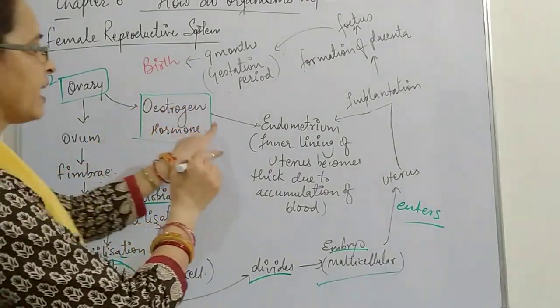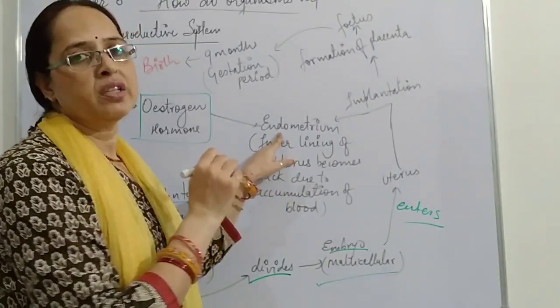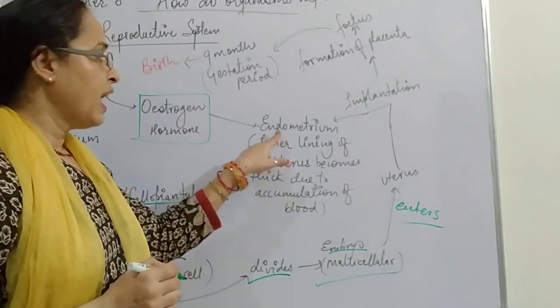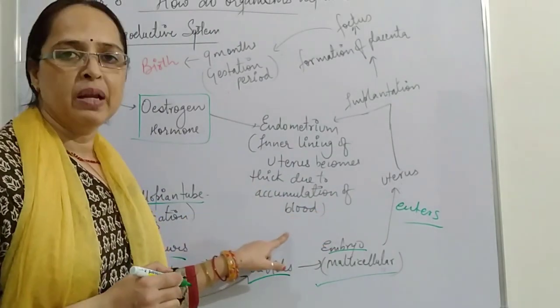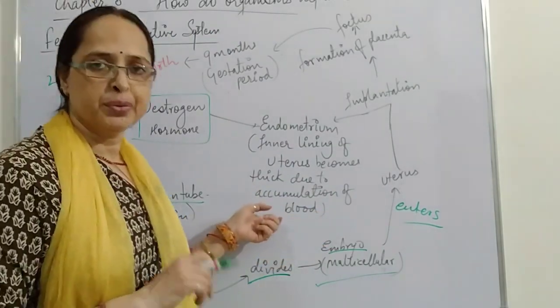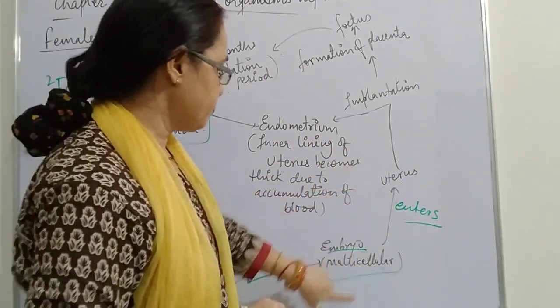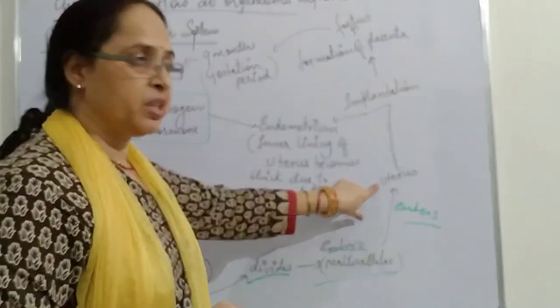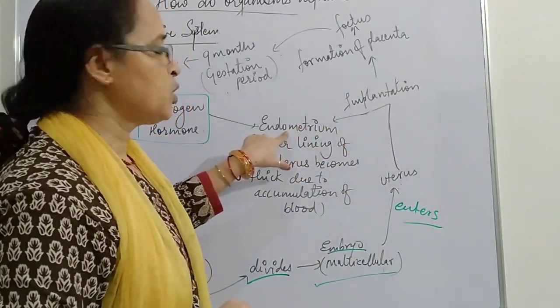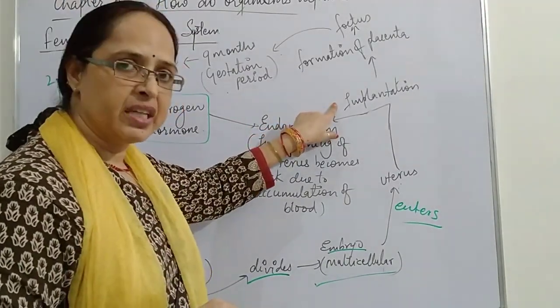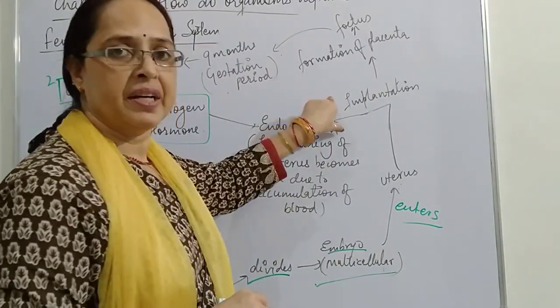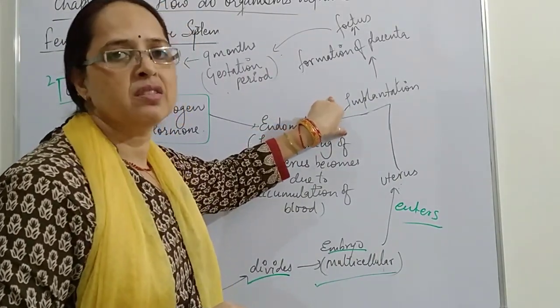This estrogen acts on the endometrium, or the inner lining of the uterus, and the inner lining becomes thick due to accumulation of blood, and this blood contains nutrients. When the embryo enters the uterus and attaches to the endometrium wall, this process is called implantation. Only after implantation is it said that the female is pregnant.